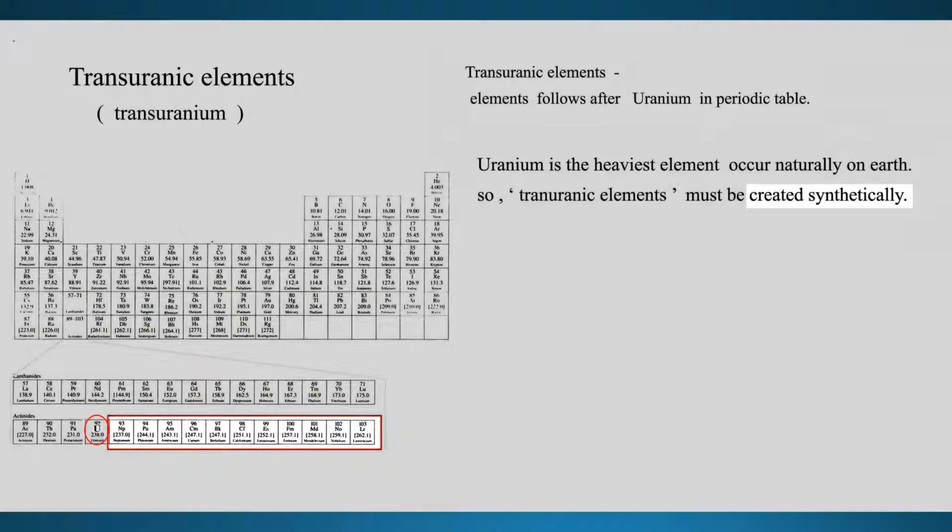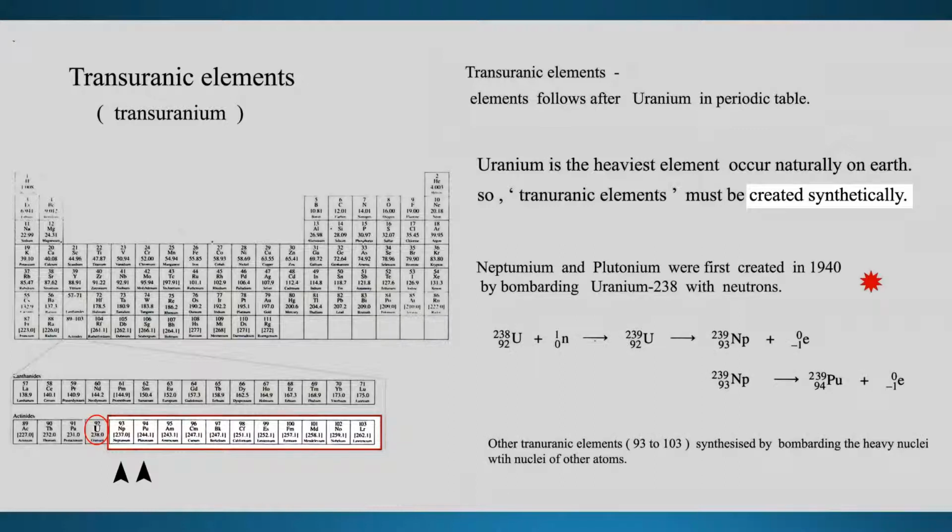They are made in the laboratory. Back in the 1940s, neptunium and plutonium were first created synthetically in the laboratory, and others followed after. Now we're going to talk about how these transuranic elements are made.